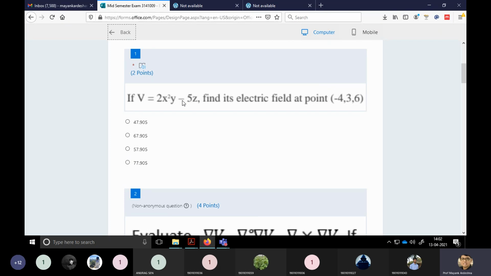In this case, you have to find the electric field at a given point. So you should know the relation between the potential and the electric field. How can we find it?